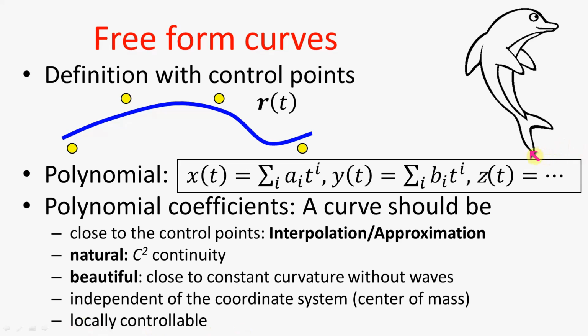Assume that we are almost done with our beautiful dolphin. Just the tail of the dolphin should be tuned a little. So we go there, pick a control point near the tail and modify it a little. If, as a result of this small modification on the tail, the head of the dolphin changes completely, then you can imagine that the designer would be a primary candidate for a heart attack.